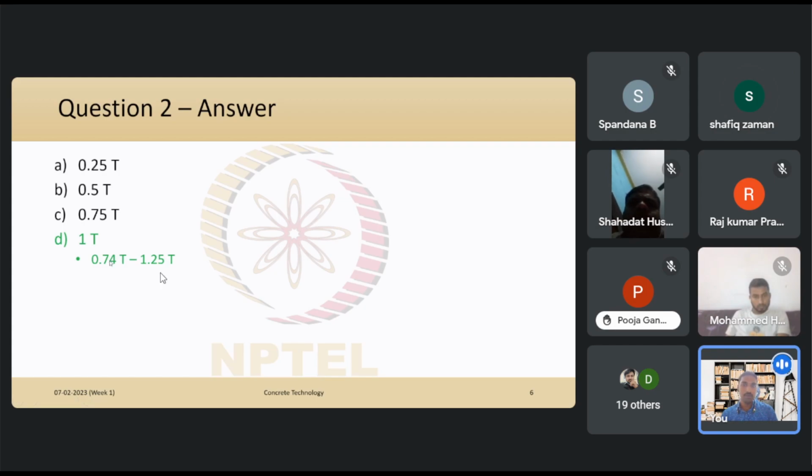The question is about the average. On an average, what is the CO2 that is released into the atmosphere, right? So if you look at it, the average would be close to 1 ton, right? So for producing 1 ton of OPC, on an average, we release 1 ton of carbon dioxide, right? So this is something that you can just remember, right? So these are the typical range of values.